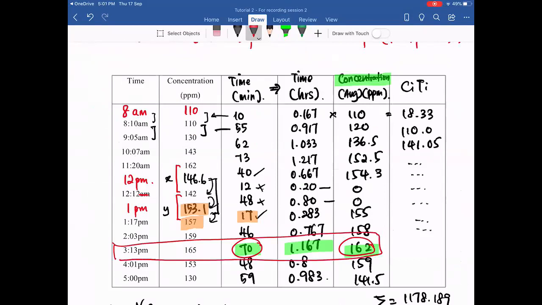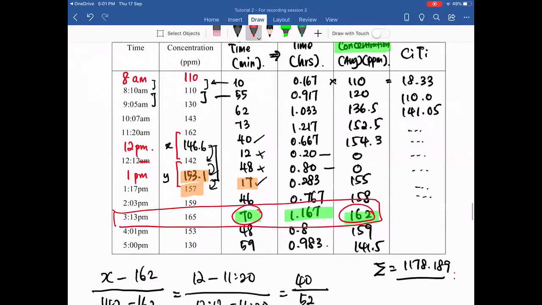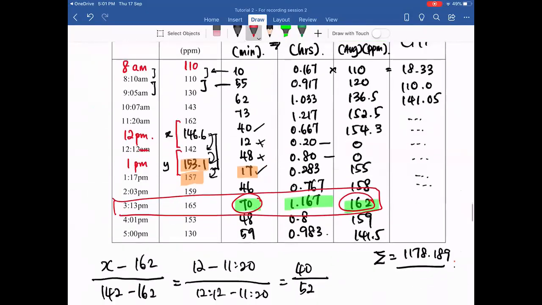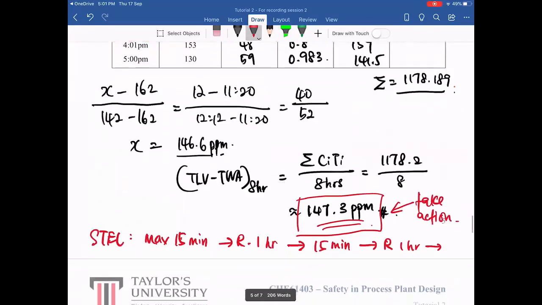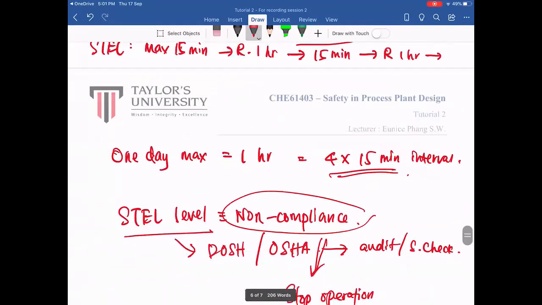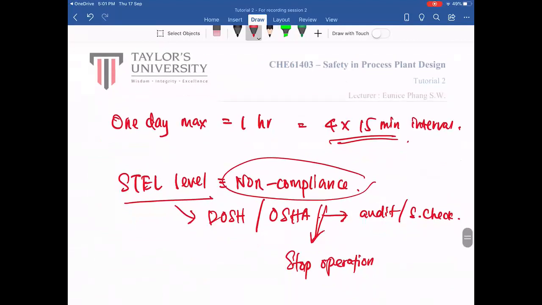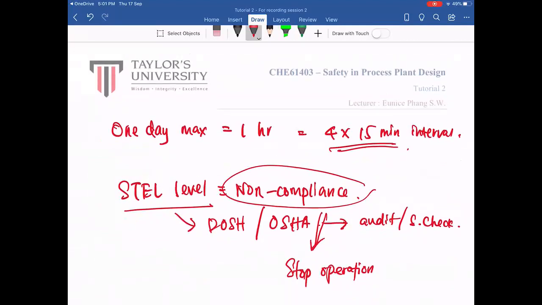This level is not acceptable until you do something, clean up the environment, and show them continuous data of 24 hours or even up to 72 hours that you do not have an overexposure. Then you're allowed to continue with your operations. If not, everyone will be asked to go home.